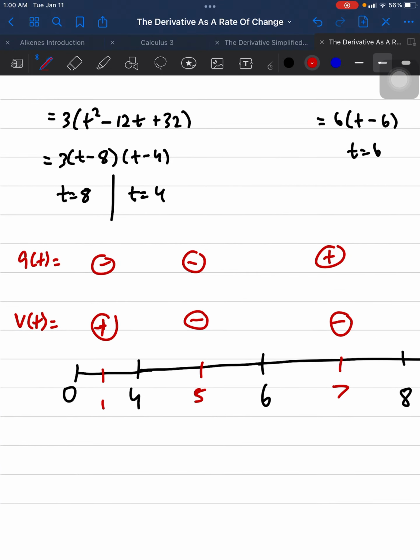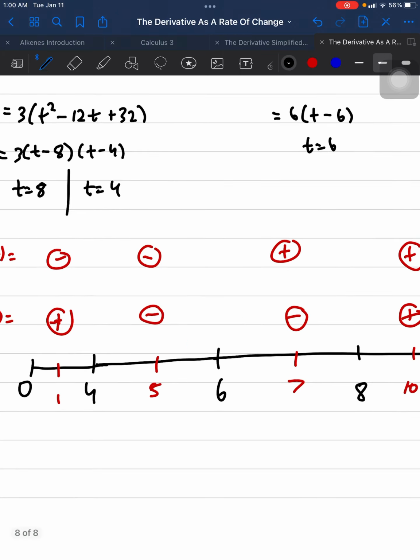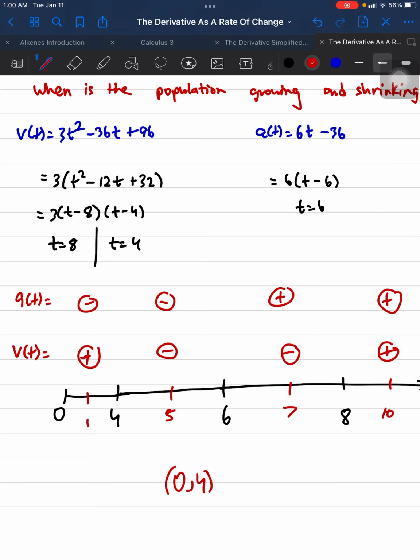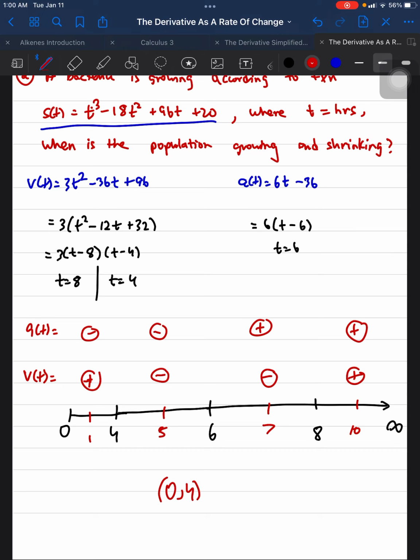So in between 0 and 4, the population is shrinking, since the signs of acceleration and the signs of velocity are different.